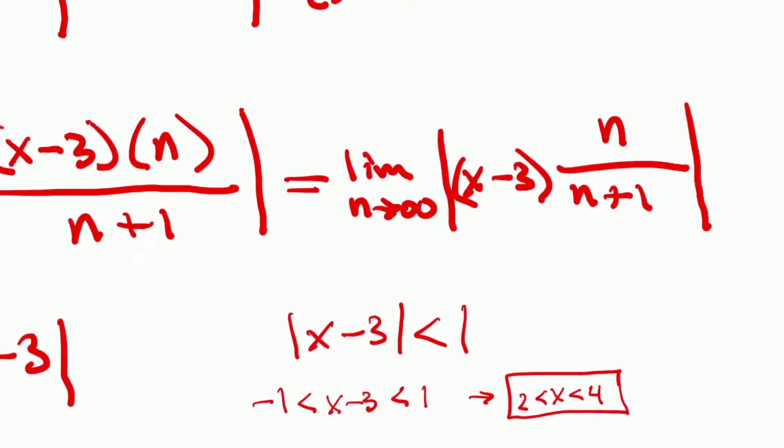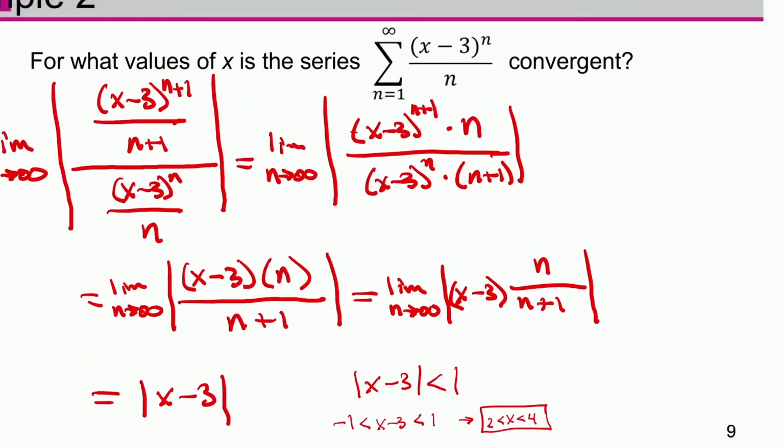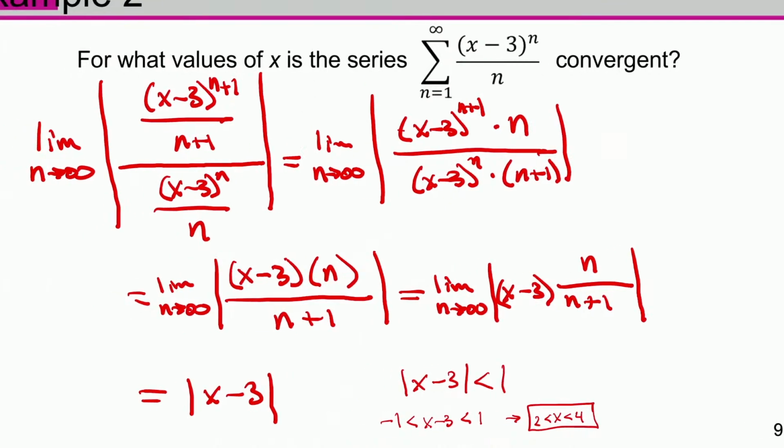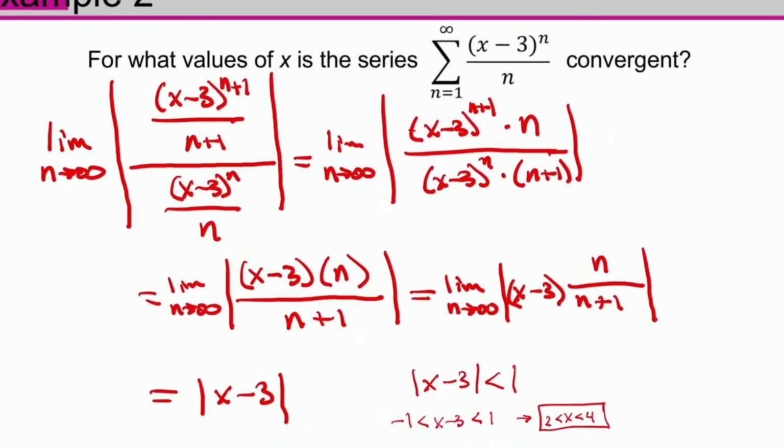So let me back off, just see what we got here, see if that makes sense. Because we're not done with this, sadly. There's another piece. In fact, it's so sad because I'm going to have to switch over to Notability, which I should have started out to begin with. But I want to make sure that this stuff makes sense before we switch over. So the important thing, we're going to do this multiple times today, at least in the 20 minutes we have left. The important thing is that you're going to set up the ratio test.